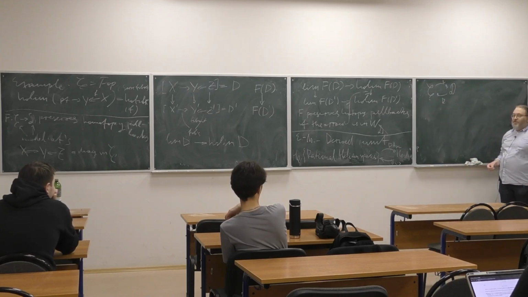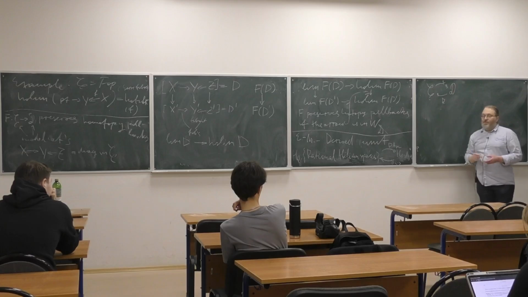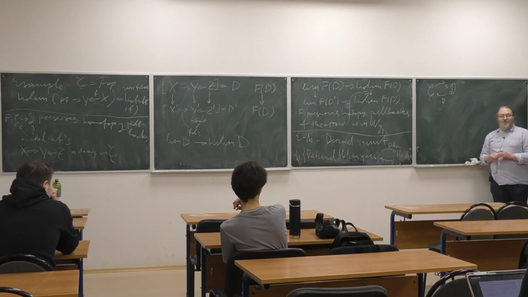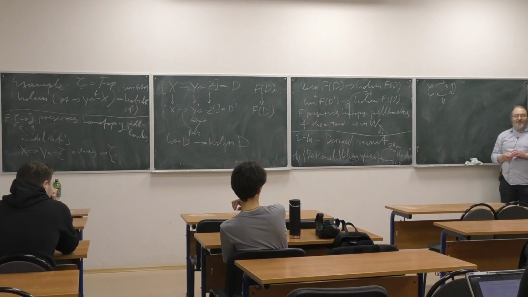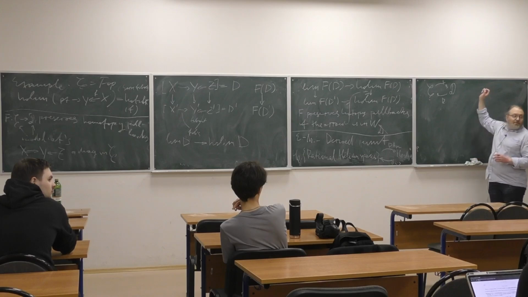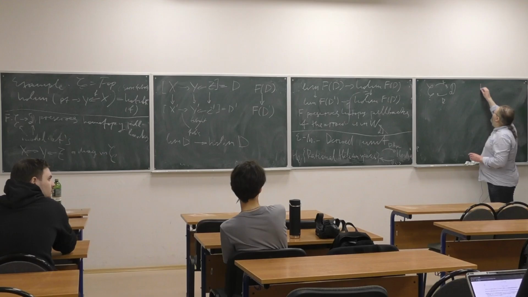And now I want to remember which way do the unit and the co-unit go. Can anyone help me? Without Wikipedia. So, in which order? Okay, so right adjoint.